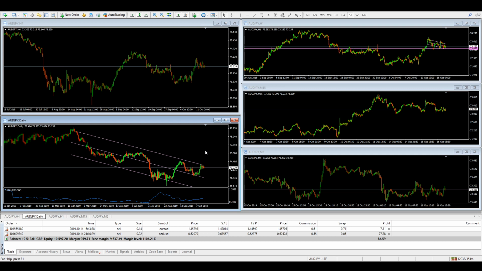So this is AUDJPY. AUDJPY, no, bearish overall. Had this pullback here, which is bullish, so it's not really agreeing with what we want to see based on the daily.